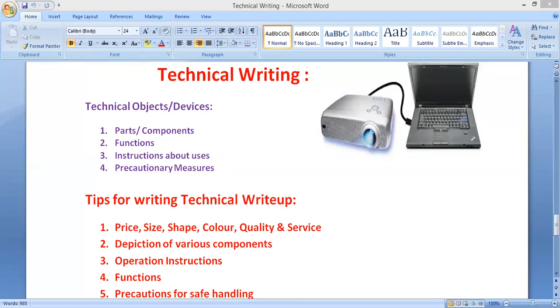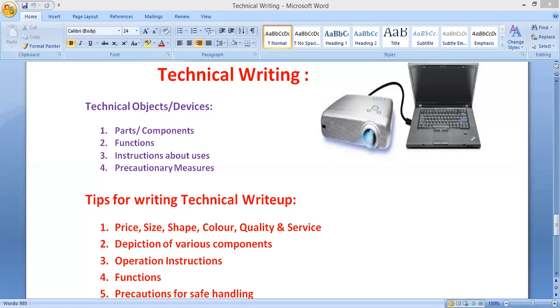So you should know all the details. You should know all the parts of the computer. Then functions. What are the functions of a computer? Where it is used, whether it is used only in engineering, medical, or what are the functions that you have to write about that particular technical device.